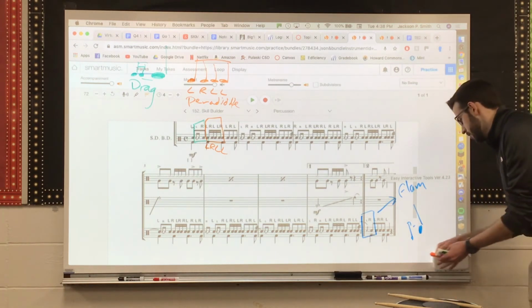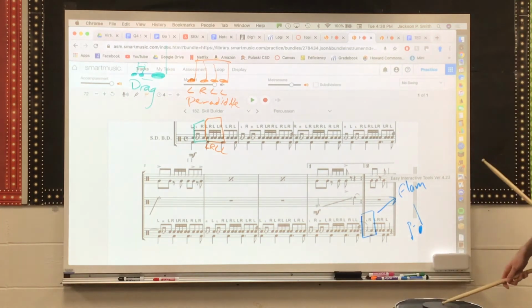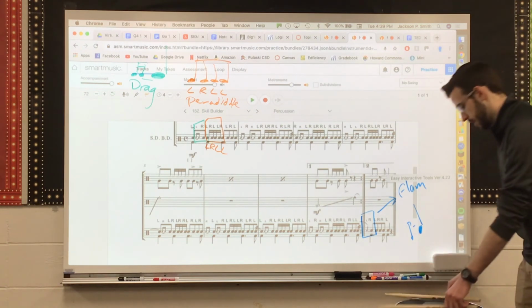That's going to be your two sticks falling at the same speed from different heights. Flam and 2 and flam and 3 and flam and flam and. Try a few of those by yourself while I get the next spot set up.